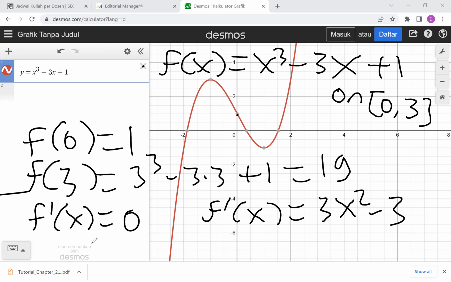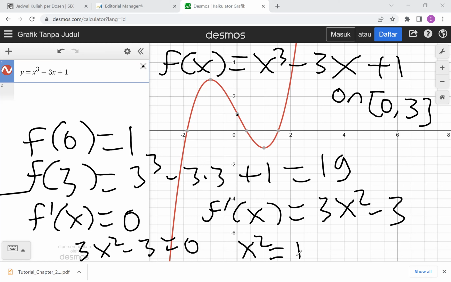So we solve 3x squared minus 3 equals 0, so x squared equals 1. Of course, this equation has two solutions, x equals 1 or x equals minus 1.